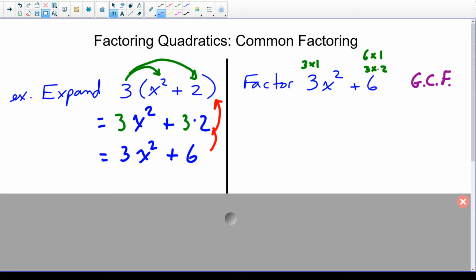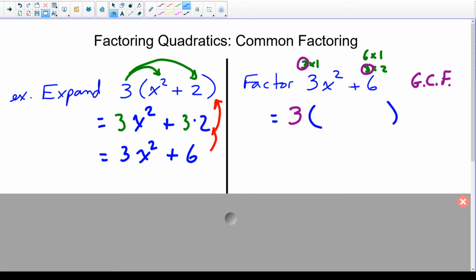Well, the only one that's common to both is the 3. There's a 1 that's common to both, but it's not the greatest common factor. The 3 is the greatest common factor. So that greatest common factor gets pulled out in front of a bracket.